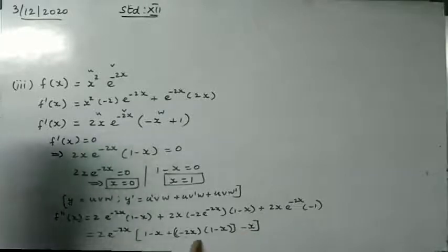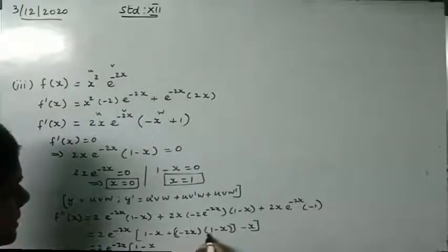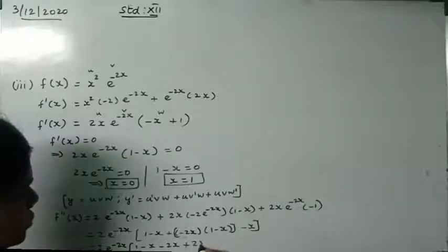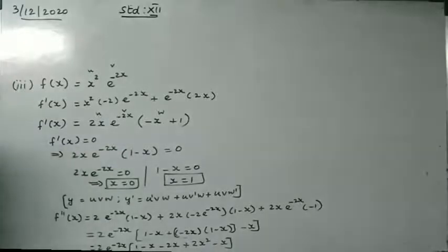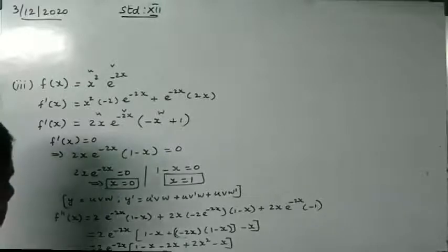So if I solve this, 2 e power minus 2x, 1 minus x, minus 2x into 1 is minus 2x, minus minus plus, 2x into x is 2x square, minus x. So if I arrange this, minus 2x, minus x, adding all these 3, we are getting minus 4x.